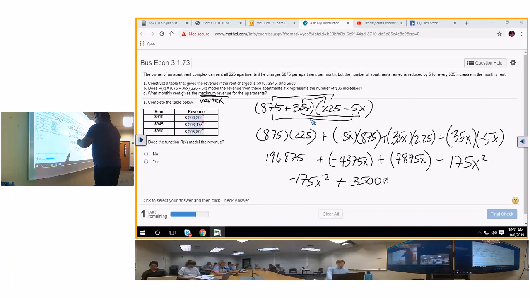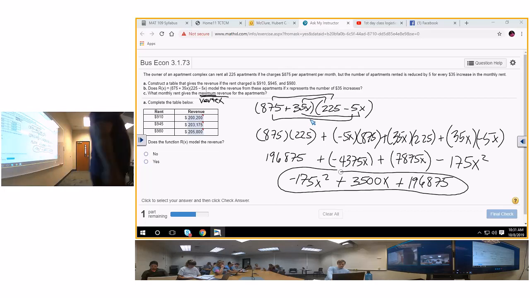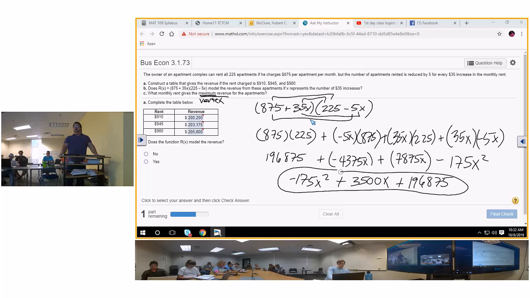And then plus 196,875. And this, you're going to punch in your calculator, and we're going to find the vertex. Now, what told me to do that? Well, you got big numbers, you need to punch it in your calculator. That's about right, unless you're like Rain Man.